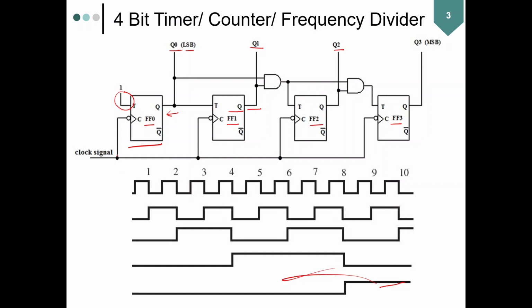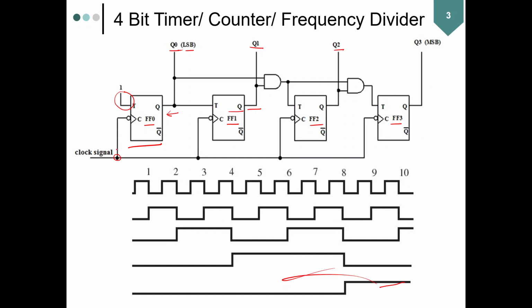Now, you also see a clock signal because they are synchronous sequential circuits. Flip-flops operate only on the arrival of the clock signal and exactly at the edge of the clock. Either the positive edge, which is going from low to high, or the negative edge, which is going from high to low.